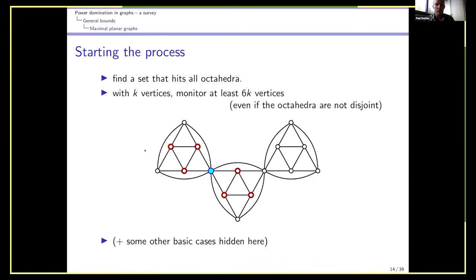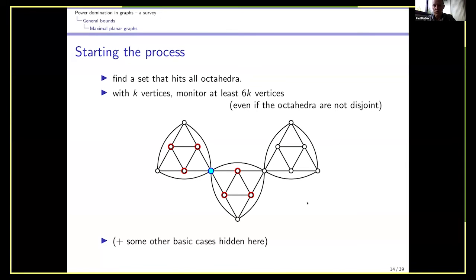At first, we know we have to kill all the octahedrons. Octahedrons are going to get us stuck for propagation. So at the beginning, we find a set that hits all the octahedra. If we have two octahedra with a common vertex, we just pick that common vertex, which will dominate both, and so on.